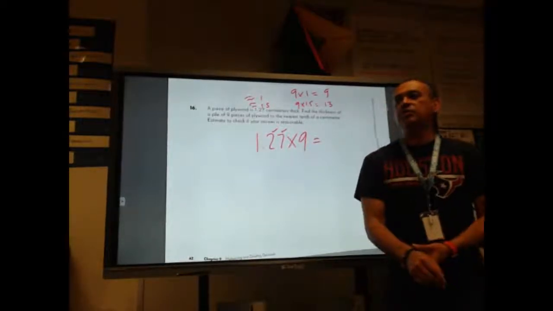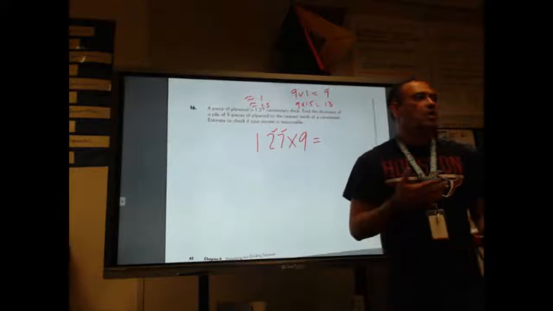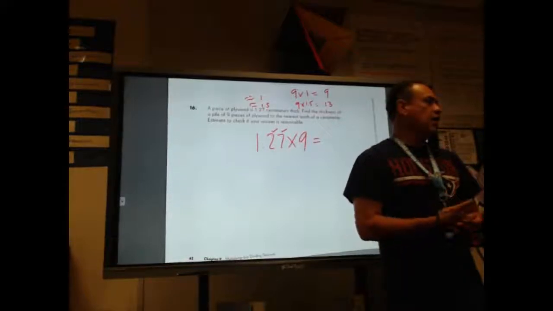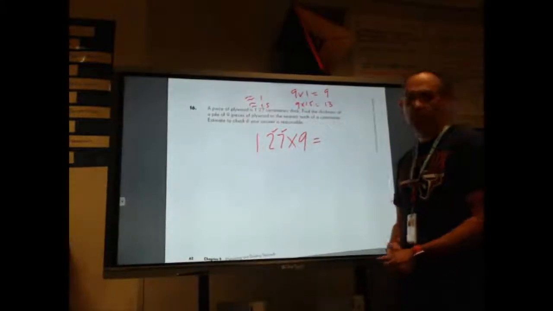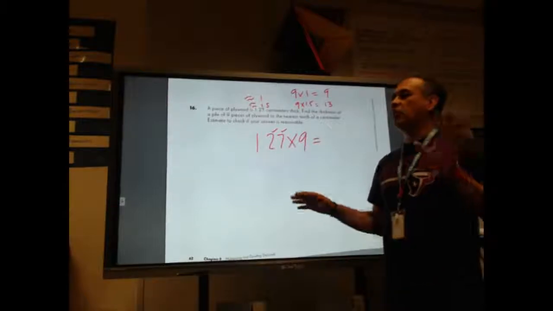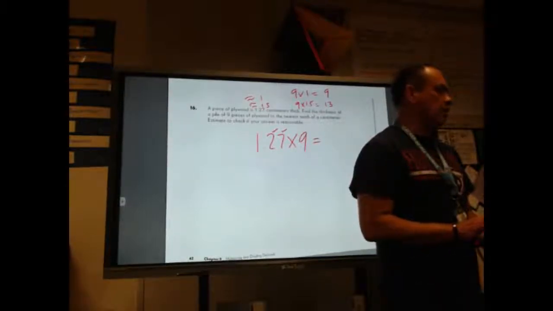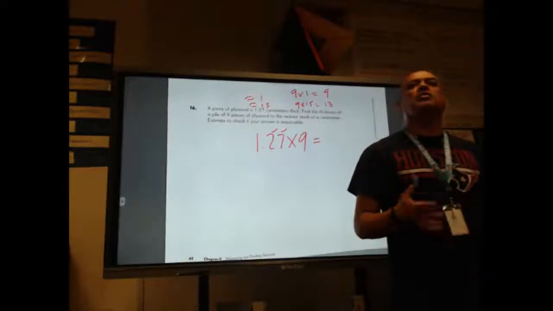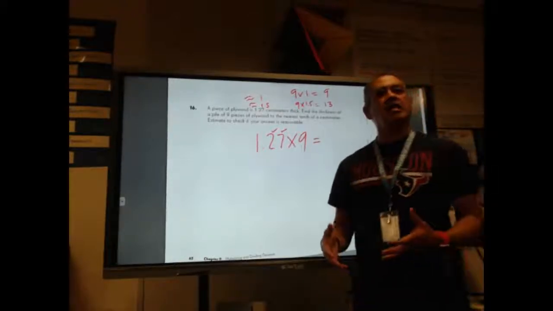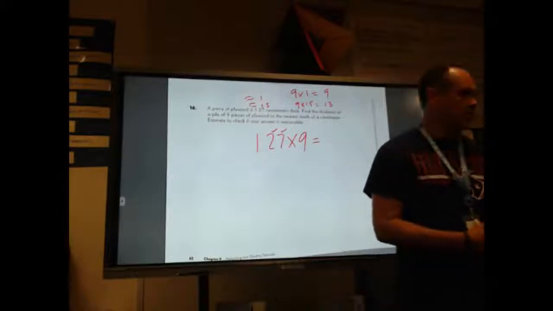That's the rule for multiplication. You end up with the same number of decimals that you started with, right? Okay, so right now we're not going to worry about the decimal point. We're just going to do our multiplication, and at the end, we're going to worry about the decimal point.